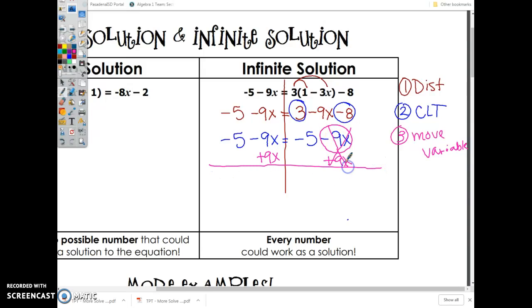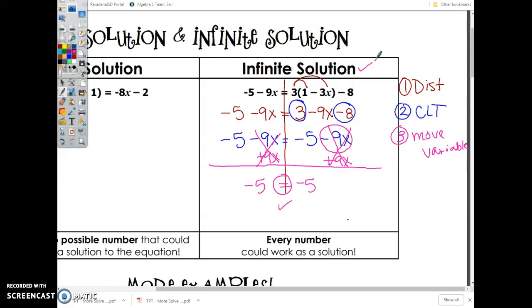This cancels, and what happens to this one? This also cancels. What are you left with? Negative 5 equals negative 5. Is that a true statement? Negative 5 always equals negative 5. They're the same thing. So this is a true statement always. Always, forever and ever. So it's infinite solutions.